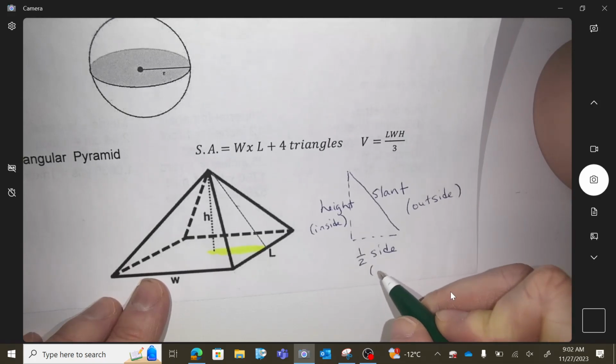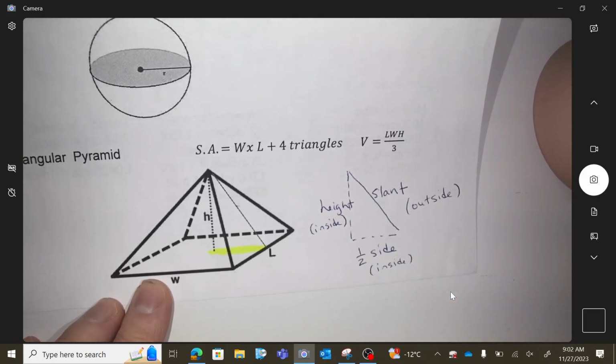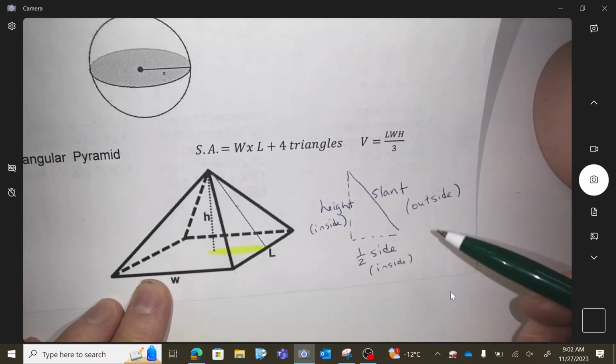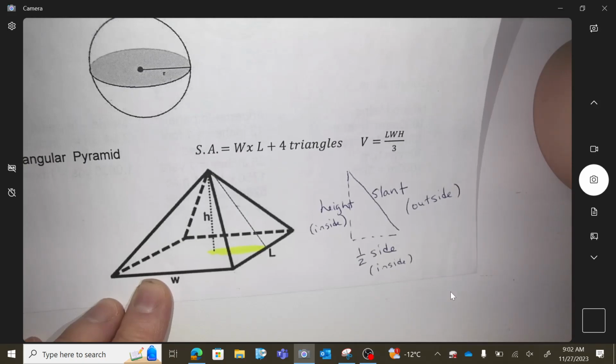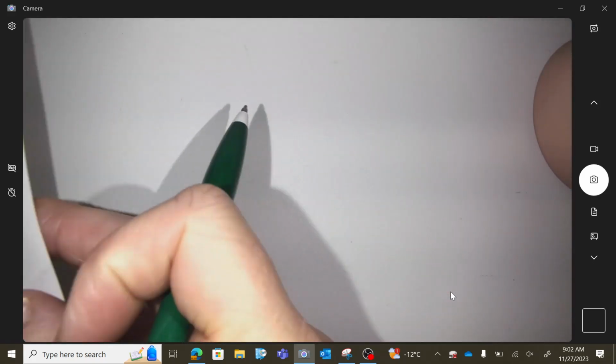That's also inside the object, like you're visualizing that inside. Okay, so this is going to be a squared, b squared, c squared stuff, right? Pythagorean theorem. So keep that in mind when you're working with pyramids. So the slant and the height are different things, okay? That goes with the volume and with the surface area.